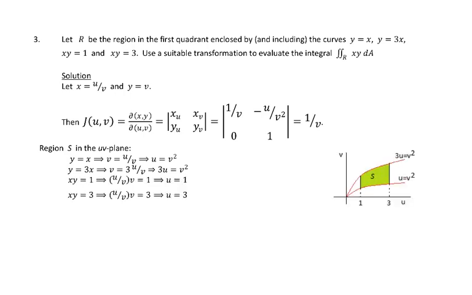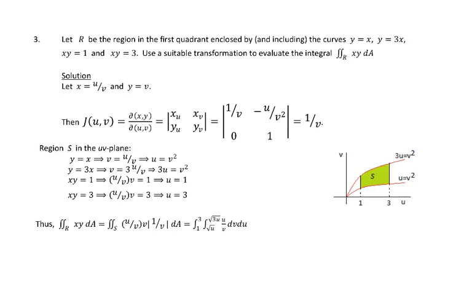Let's have a look at the last two equations. xy equals 1 becomes u equals 1. xy equals 3 becomes u equals 3. And you can see what the new sketch looks like. Basically, the region S lies between two parabolas and two fixed values of u, namely u equals 1 and u equals 3. This is a very good example of a type 1 region.